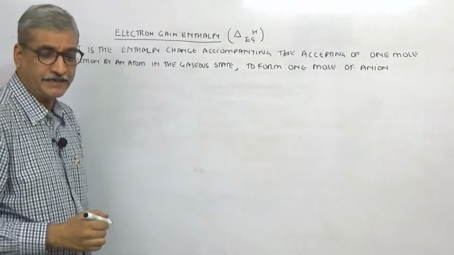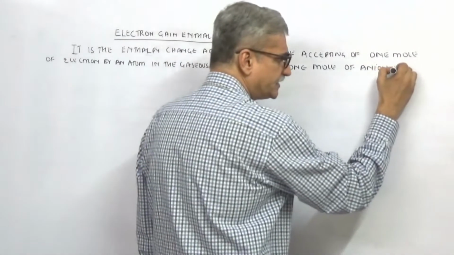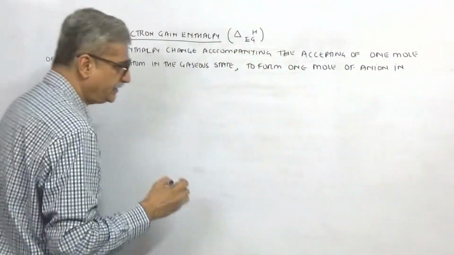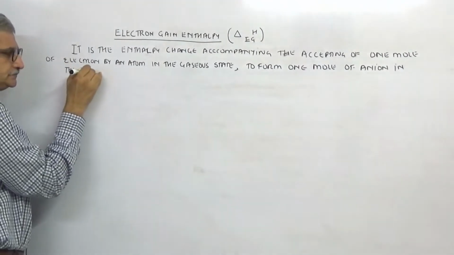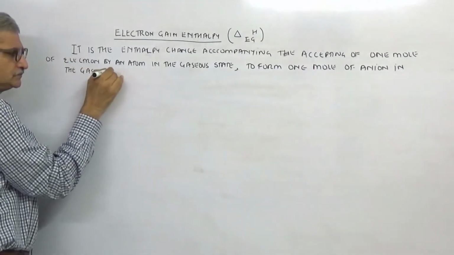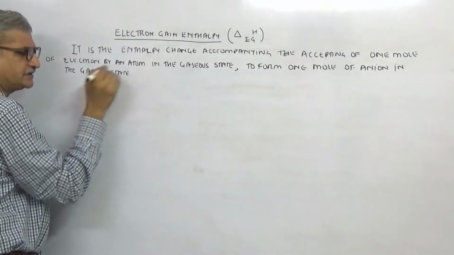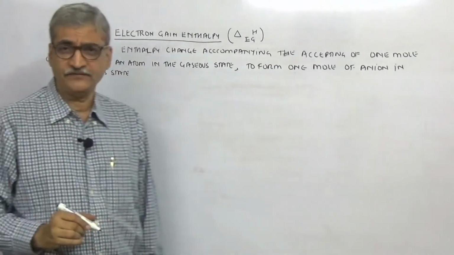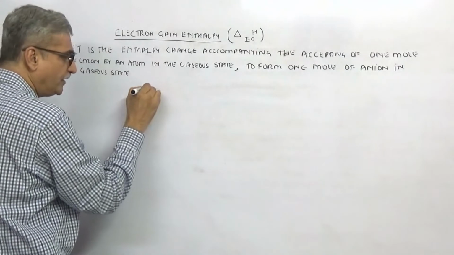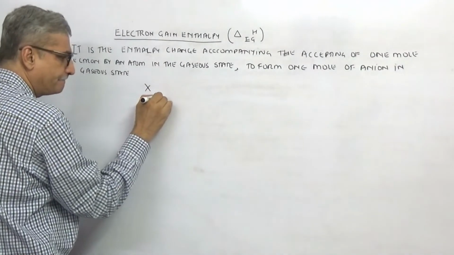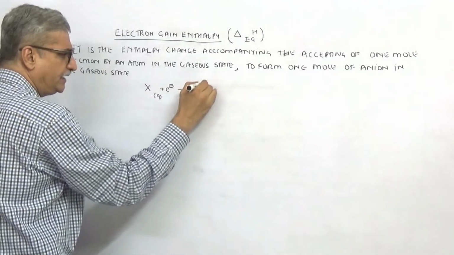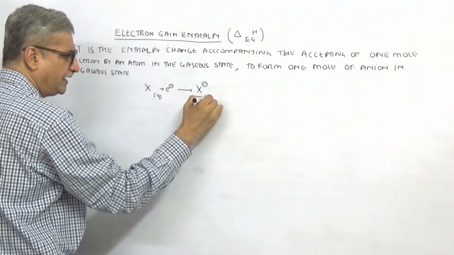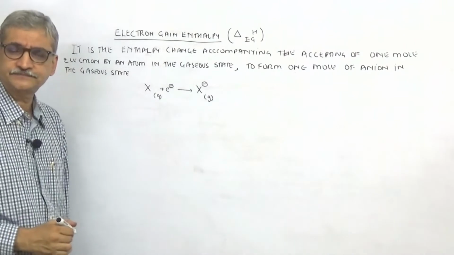Obviously, anion in the gaseous state, everything in the gaseous state. So you have 1 mole of a gaseous atom. It has accepted electron and it forms 1 mole of anion in the gaseous state.